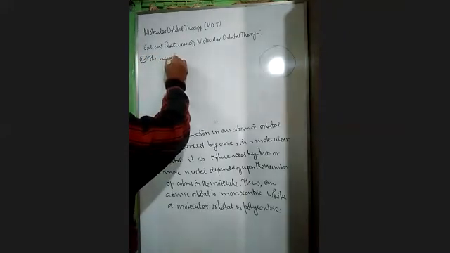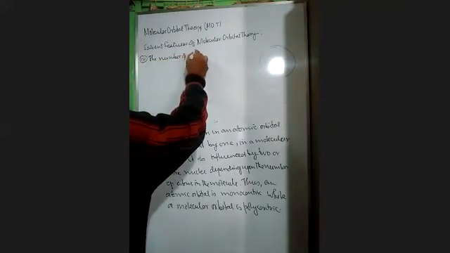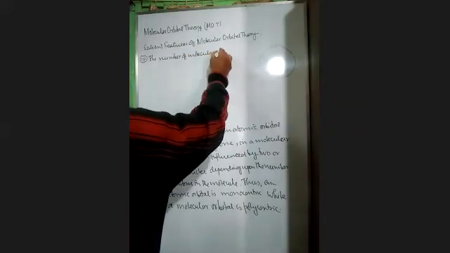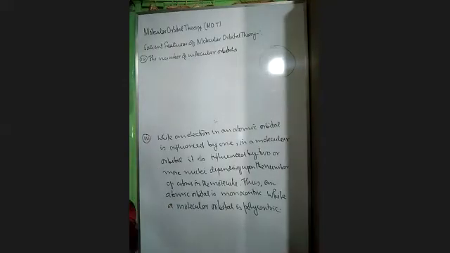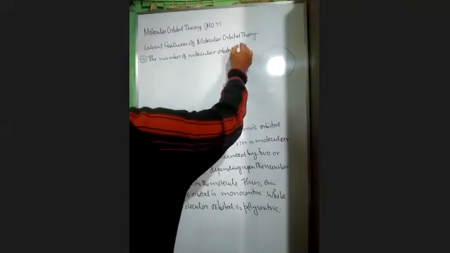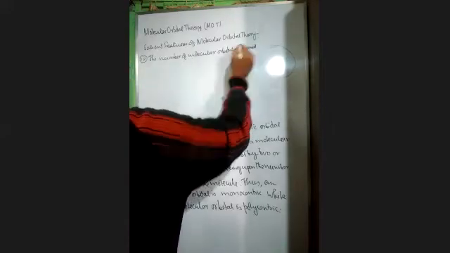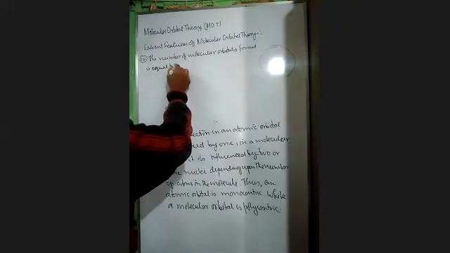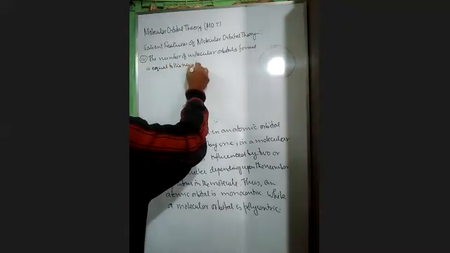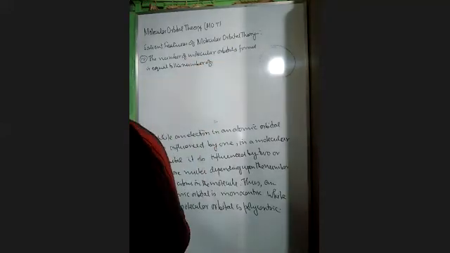The number of molecular orbitals formed is equal to the number of combining atoms.